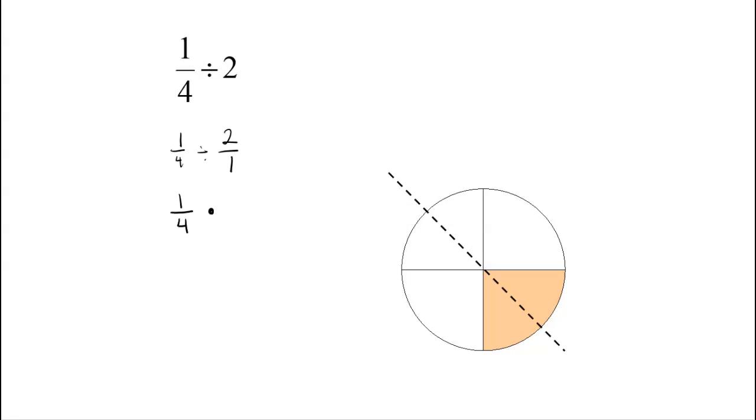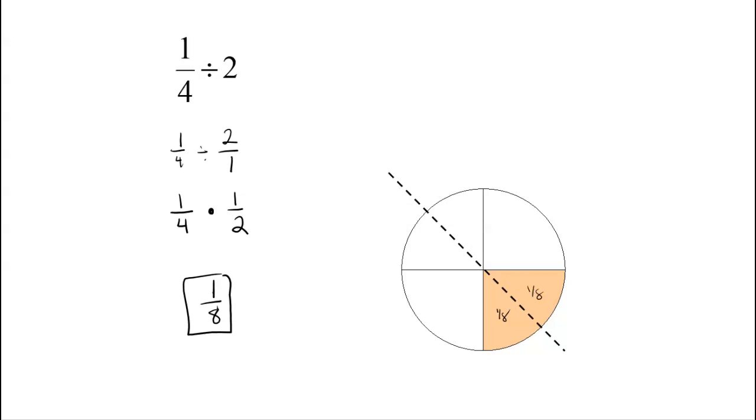And then I'm going to flip the 2 over 1 to make it 1/2. So notice that if I multiply 1 times 1, I get 1, 4 times 2, I get 8. So when I divided a fourth into 2 pieces, essentially what I got is 1/8. So this becomes 1/8, and this little piece is now 1/8. And together, they do give us 1/4. And that's essentially what we're doing when we're dividing things out.